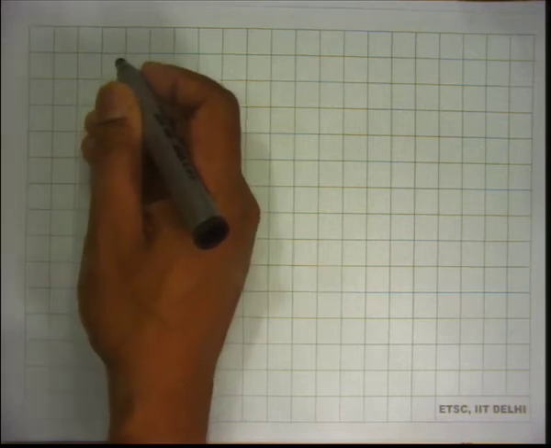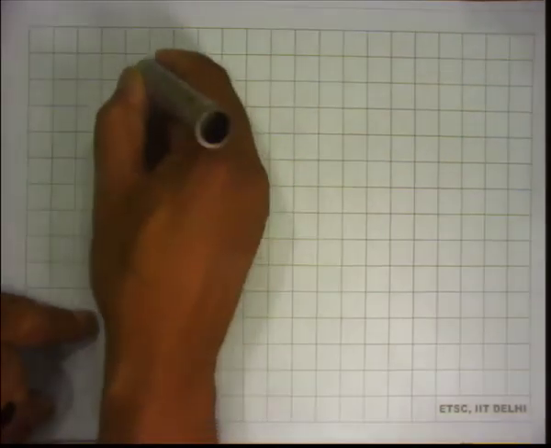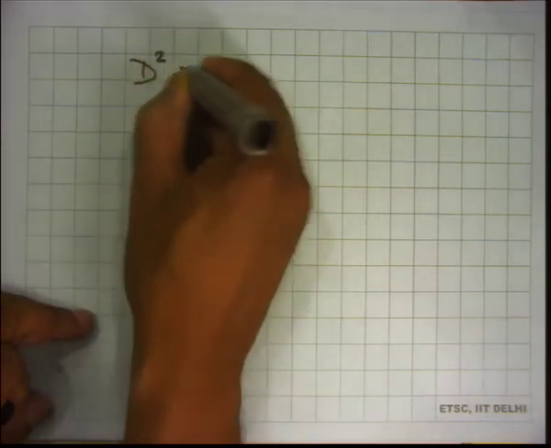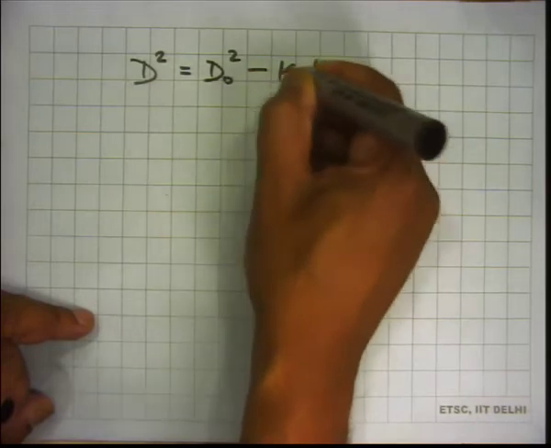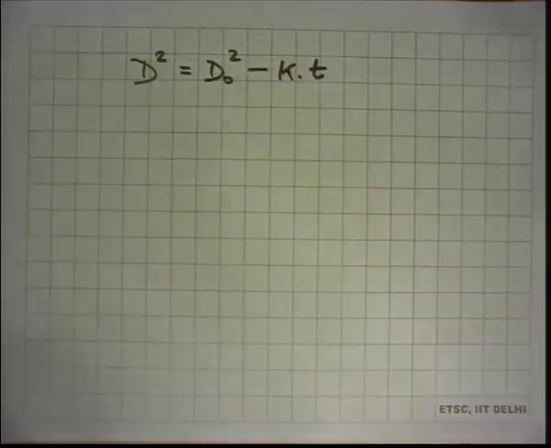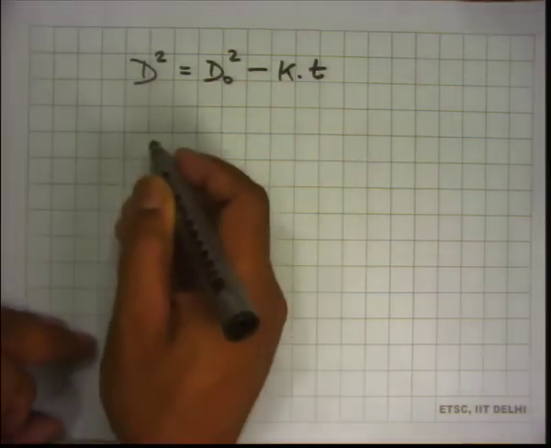Then the mass of the droplet we wrote in terms of liquid density and the volume of the droplet, which had the diameter of the droplet. So you can do that, and then you can finally get this, where this is again a constant which pertains to droplet combustion, not droplet evaporation now.